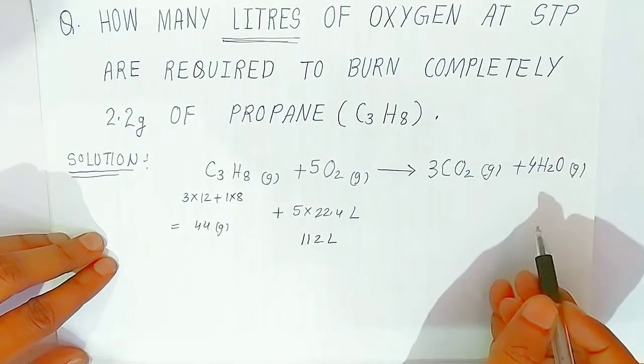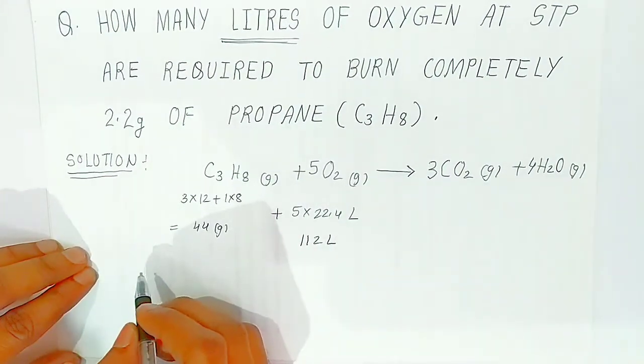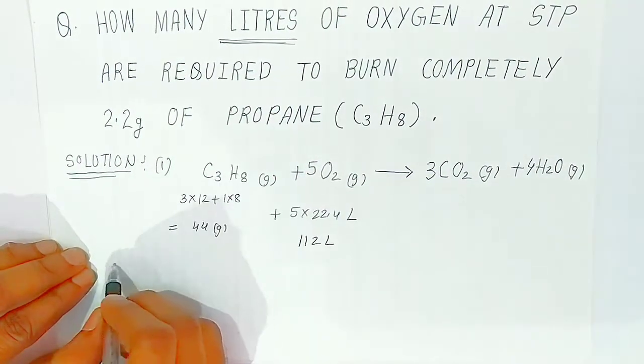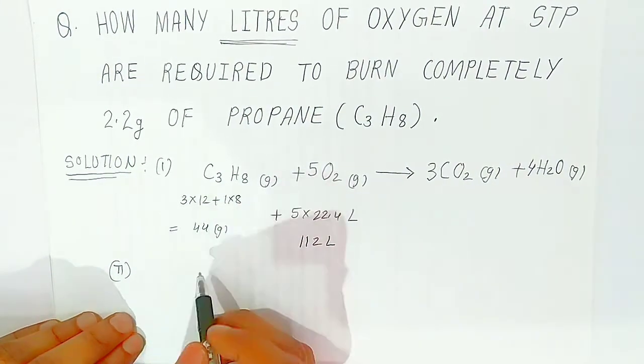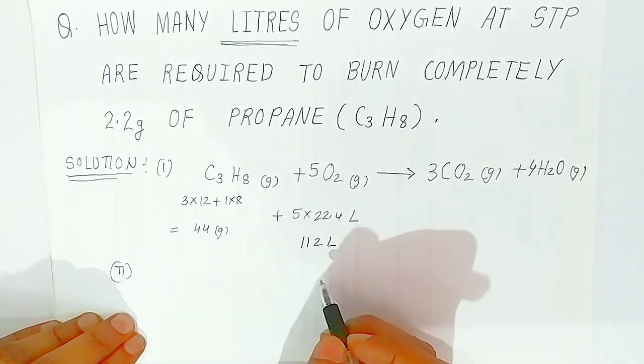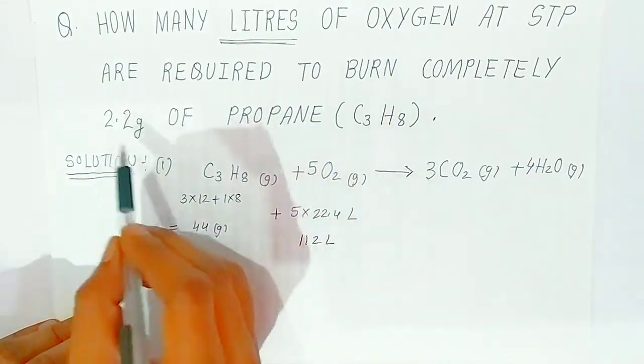Okay students, from this we come to know, this is the first step. In the second step, since to burn 44 gram of propane we require 112 liter of oxygen, the question is asking how many liters of oxygen are required to burn only 2.2 gram of propane.